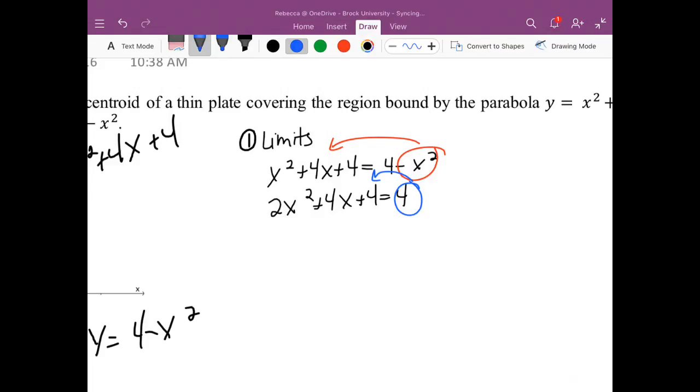Just going to cancel that one out, leaving me with 2x squared plus 4x equals 0. I notice that there is a factor of 2 and an x on each of those terms. So I'm going to factor out 2x, which leaves me with x plus 2.